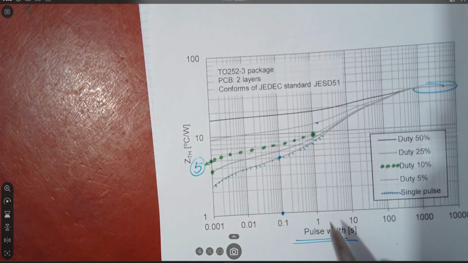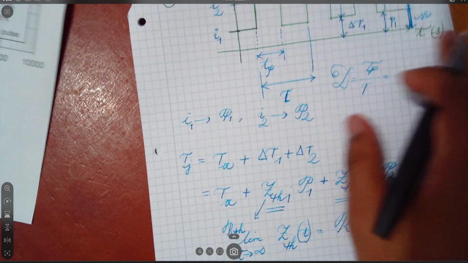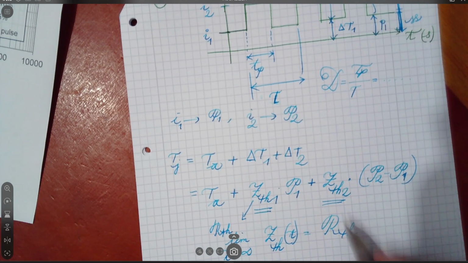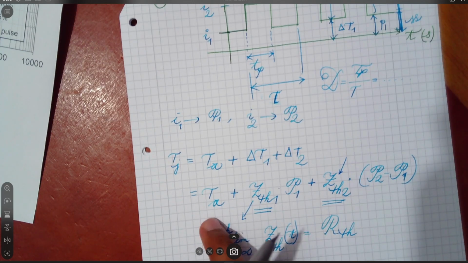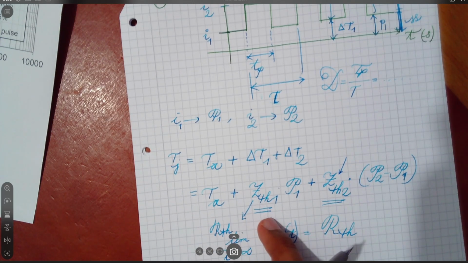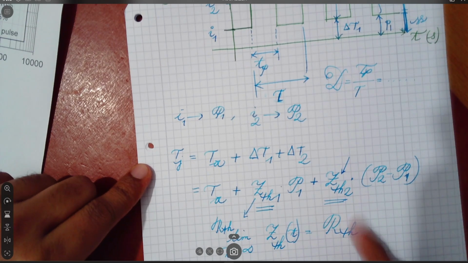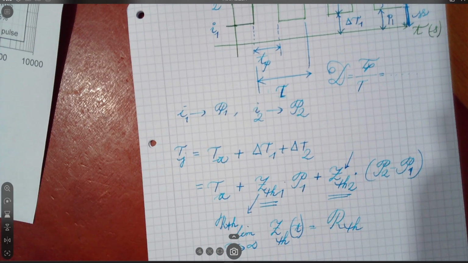That would represent, for this particular duty cycle, the ZTH of the transient operating point scenario. Then we input the value here, and the sum of the ambient temperature plus delta T1 and delta T2 gives the total junction temperature. So this is the crucial part. Don't forget this one, and I hope it's clear enough for understanding.